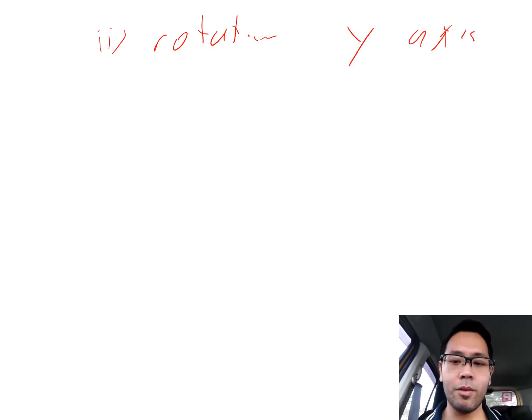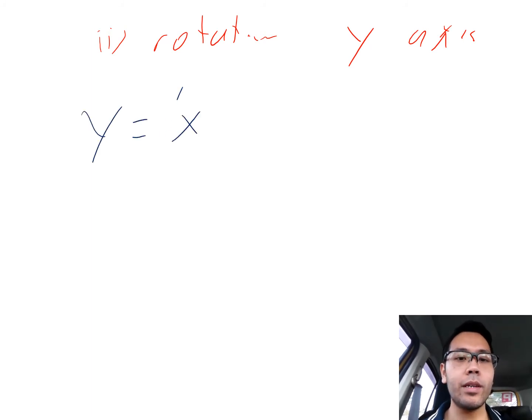Now, what about if we try ourselves for y? Rotation through the y-axis. Let's try ourselves, because I heard some of you are weak in this one. So we know the formulas are y equals square root of x, and the other one is y equals x cubed.